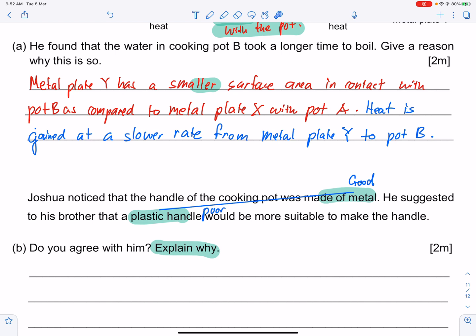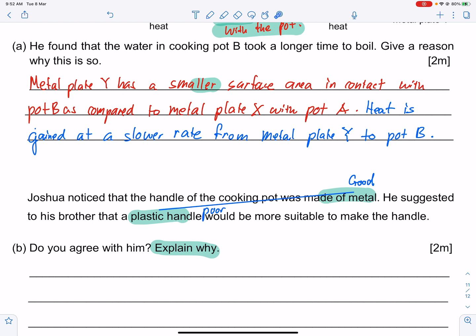Now, we also need to take note that conductors of heat is a relative thing. So you must always compare and contrast. So for example, if I give you another question, they are both metals. Say example, iron and gold.